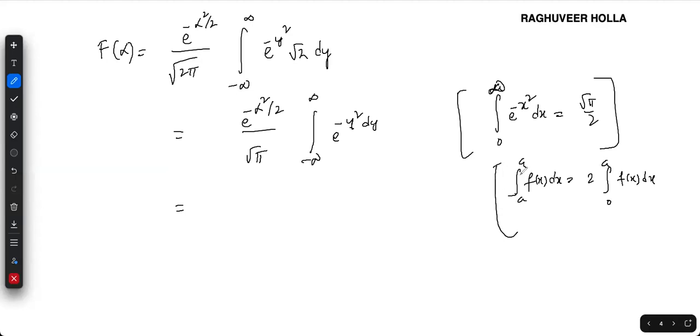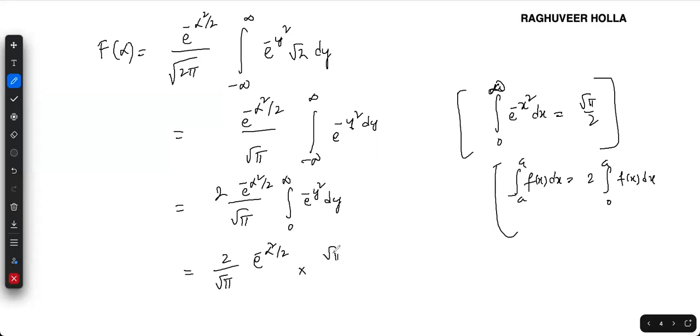So this is 2 times e to the power of minus alpha square by 2 divided by root pi and integral from 0 to infinity of e to the power of minus y square dy, and this result is root pi by 2. So as you can see, f of alpha is e to the power of minus alpha square by 2.